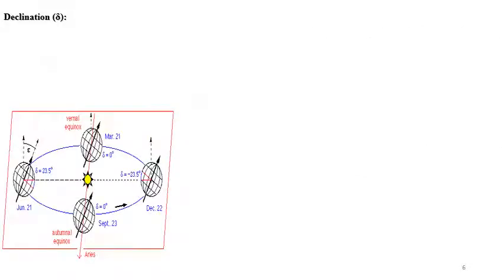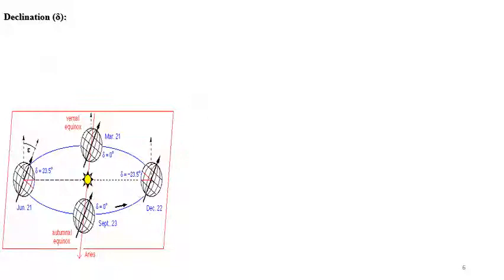Let us see more about the declination del. You can see this sketch. We saw the definition: the declination is the angular distance of the sun rays north or south of the equator. It is the angle between a line extending from the center of the sun to the center of the Earth and the projection of this line upon the Earth's equatorial plane.